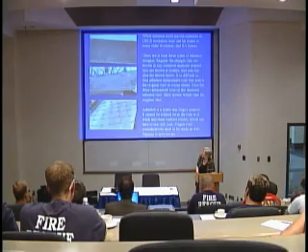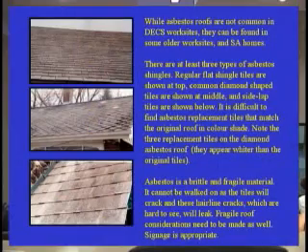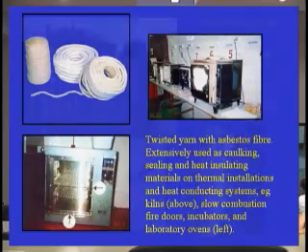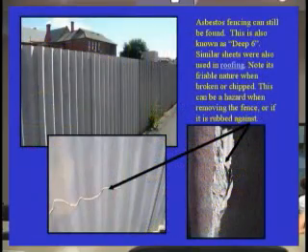This gives an example of some of the types of shingles that used to use asbestos. Next. This again gives you some indication of where asbestos is utilized. Even the fencing at one point in time had asbestos involved in it.